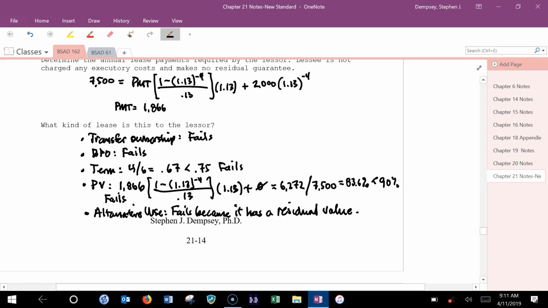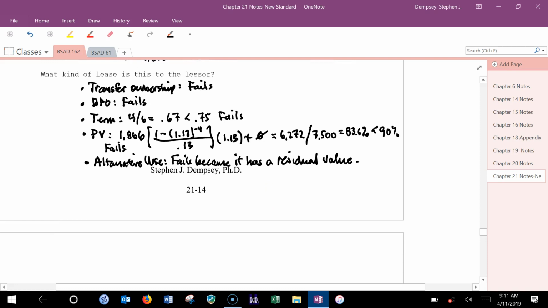Okay? So it must have an alternative use when the lease is over. That is, they could sell it for the residual value. Okay? So it fails all of these 5 criteria for capital lease treatment.